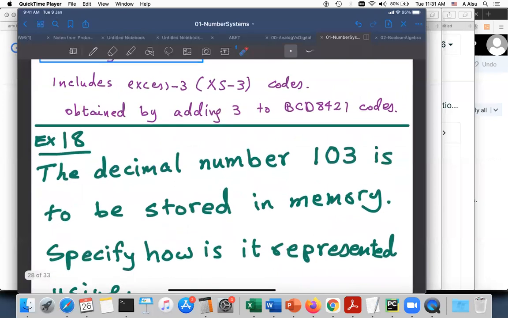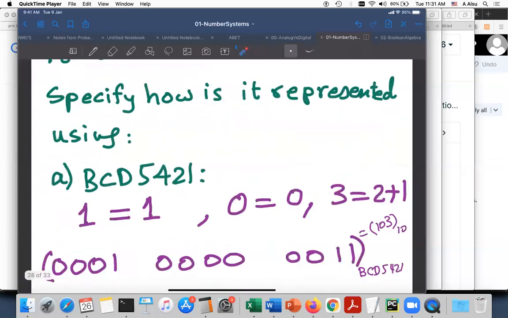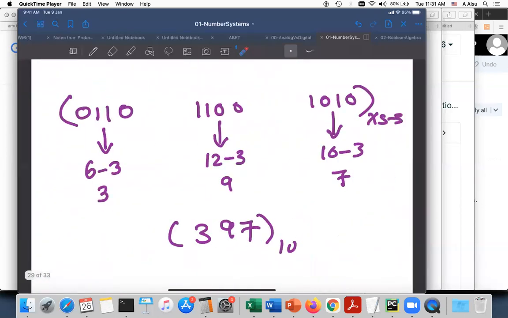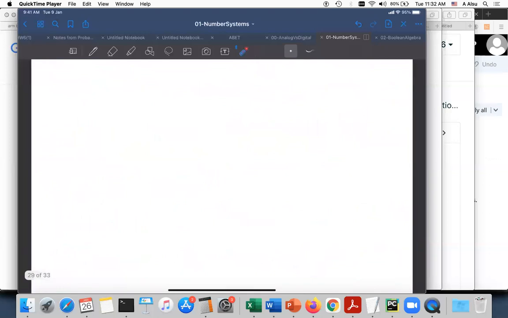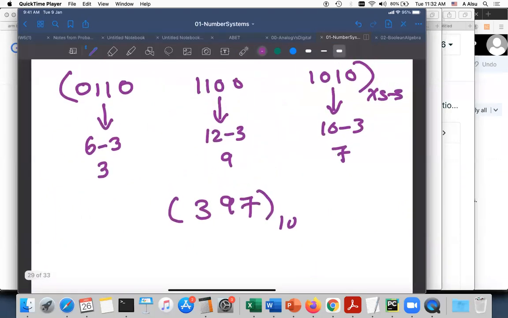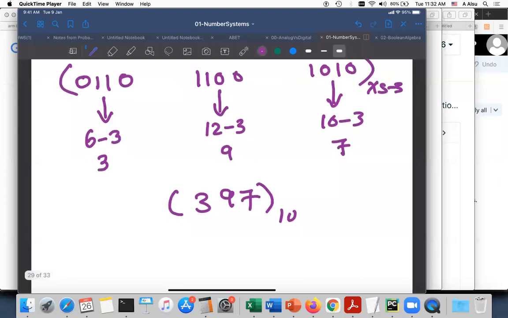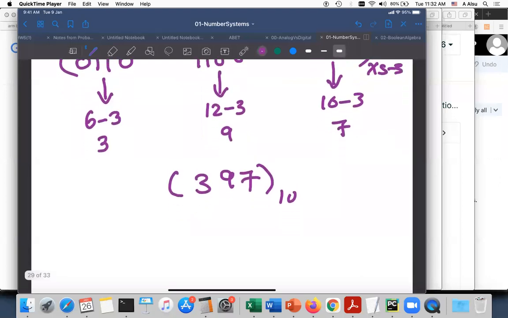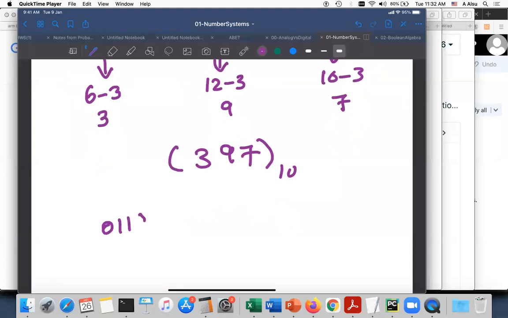Again, I think excess3 has some nice properties. But to be honest, I'm not really sure if it is self-complementing or not. Let's test that. So excess3 of, let's take this example here. 3, which is 0, 1, 1, 0, okay?